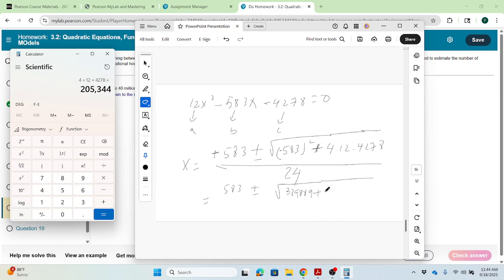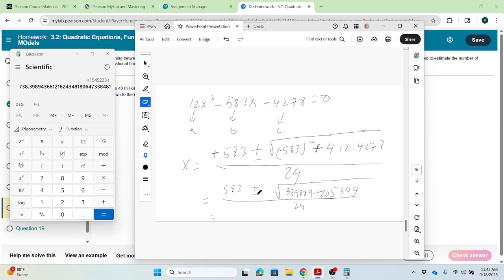That is 205,344, divided by 24. So I'm going to add these two numbers, 339,889 plus 205,344, and take the square root of that, which is a decimal. That is fine, 738. So 583 and then the decimal.